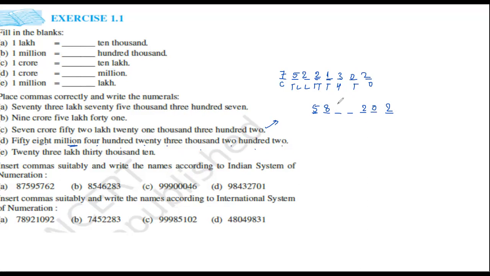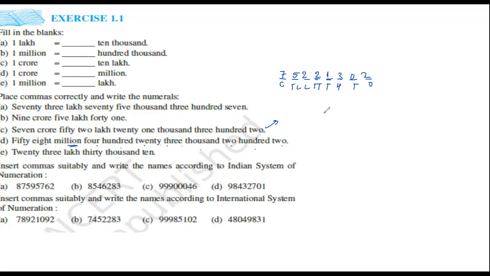He's saying after that 423,000. Here one more will come because 58,423,200, right?